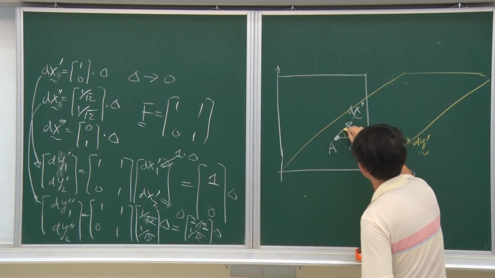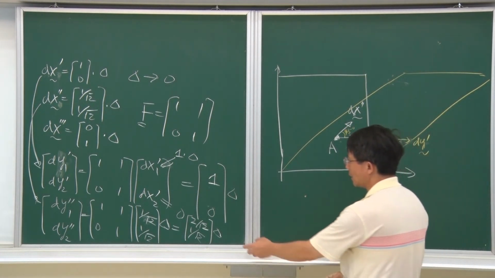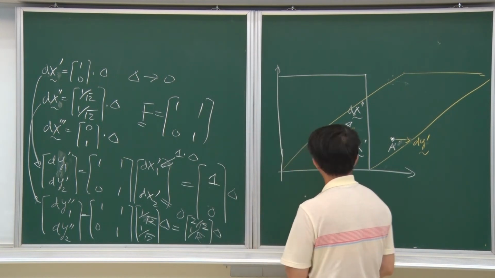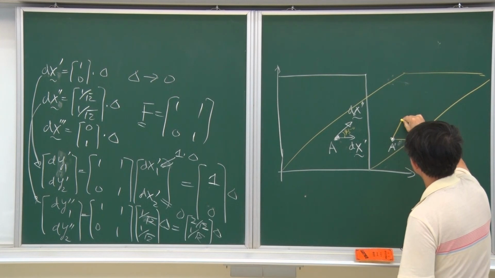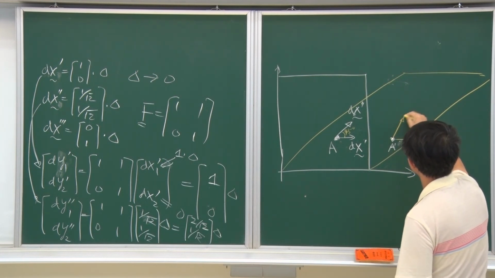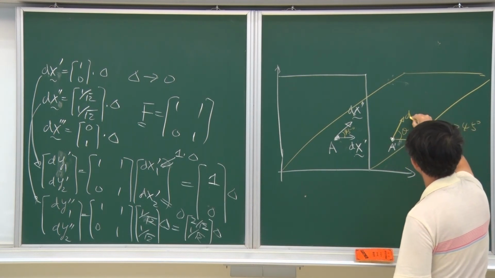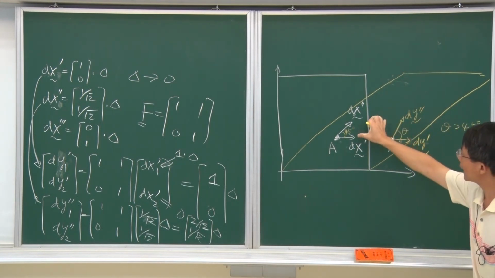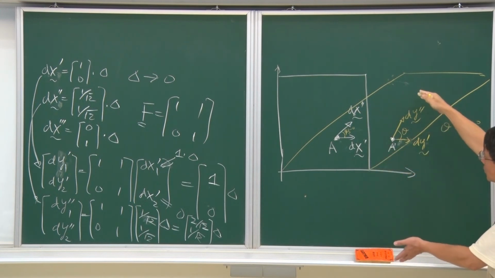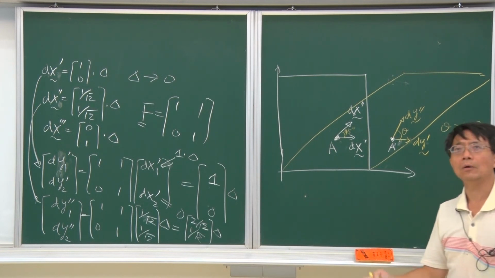Okay, this 45-degree material line now is not 45 degrees anymore, it becomes about 60 degrees, larger than 45. Understand? So this material line has rotated and also prolonged a little bit.